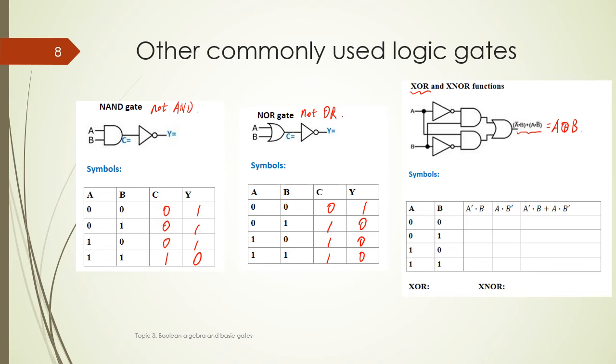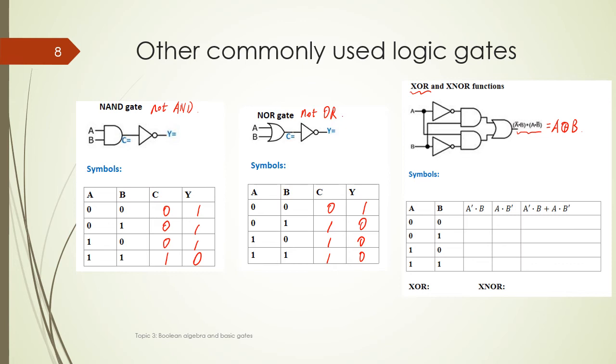So let's try to figure out the truth table for this gate. Again, let's start from the AND function here, A prime and B. So how to write the truth table for this quickly?